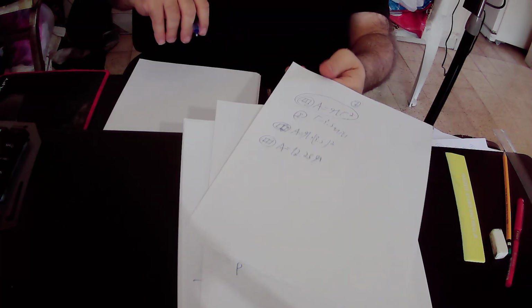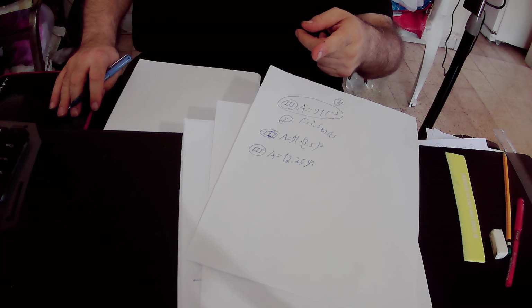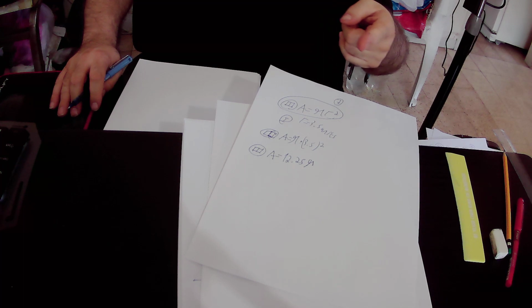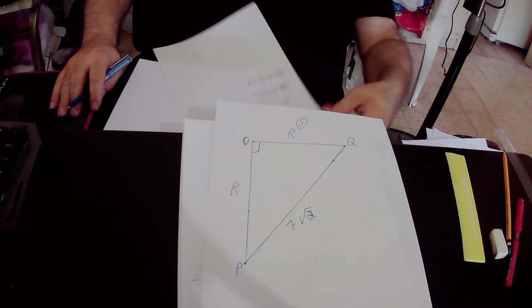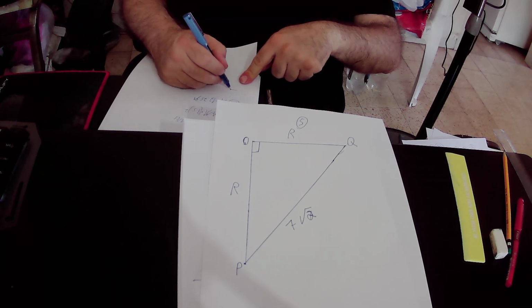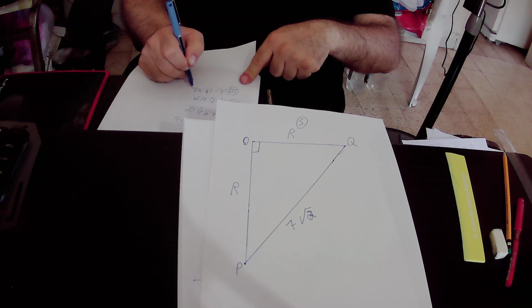Okay, 3.5 squared equals 12.25, so the area of the yellow circle equals 12.25 times pi, and we get the answer that the area of the yellow circle equals 38.48 units.